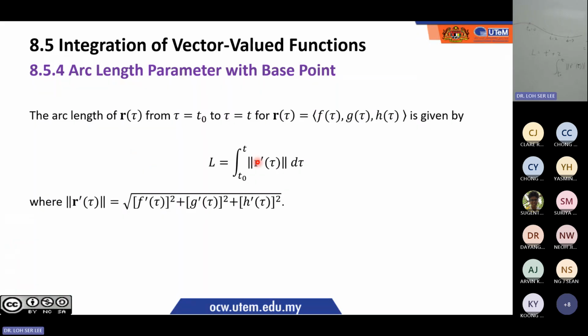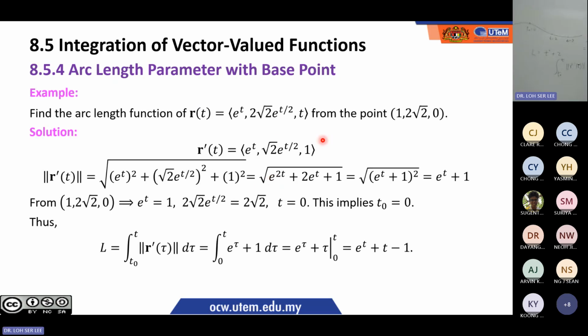So we will use this formula for this kind of case.